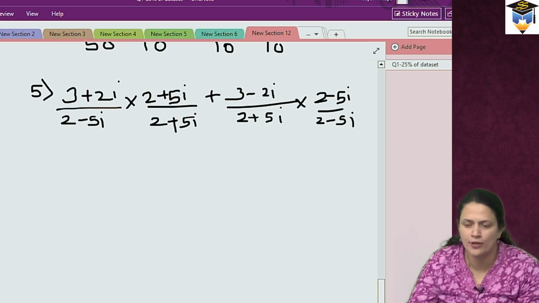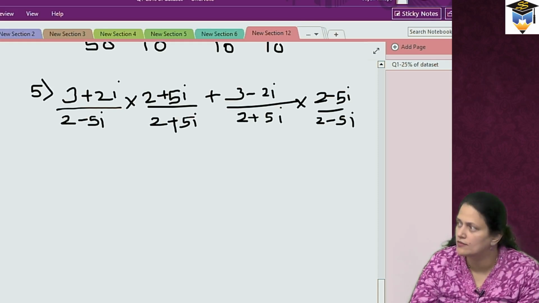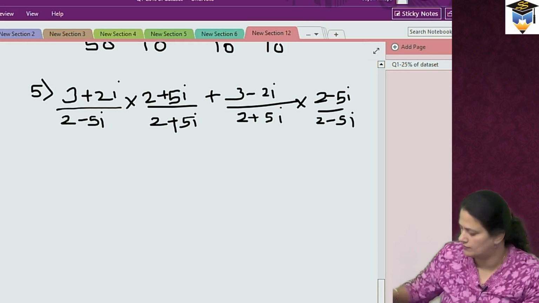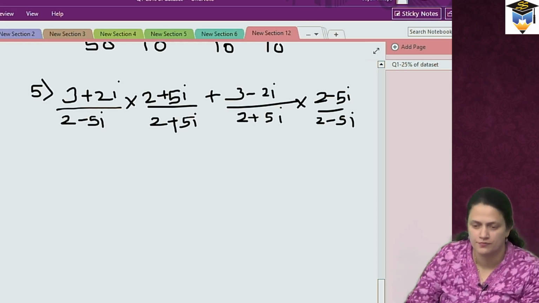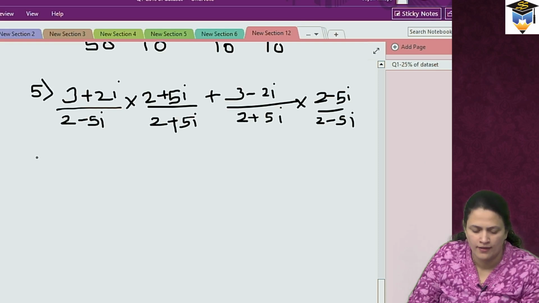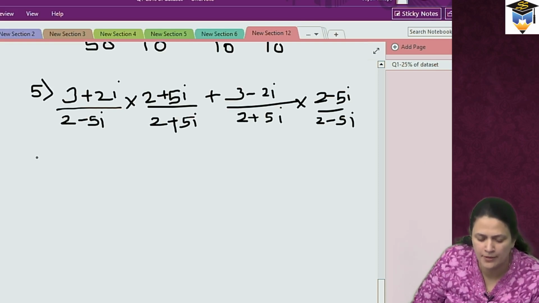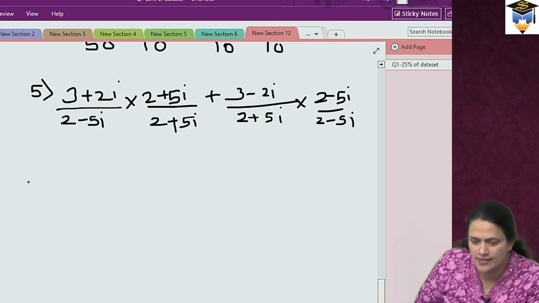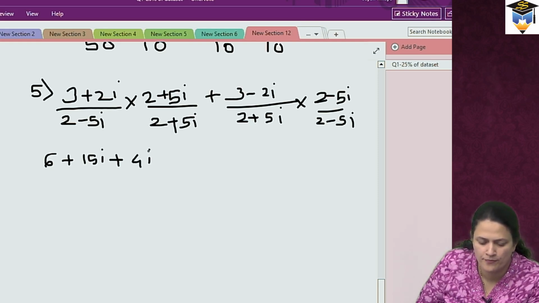So after this point what can be done? So just multiply the numerator. So (3 plus 2i) into (2 plus 5i). That will give me the answer. I am going to directly multiply and tell you, 6 plus 15i plus 4i plus 10i square, which is nothing but minus 10.